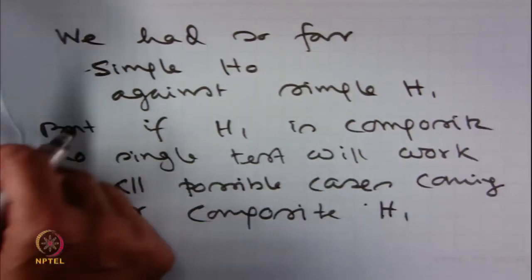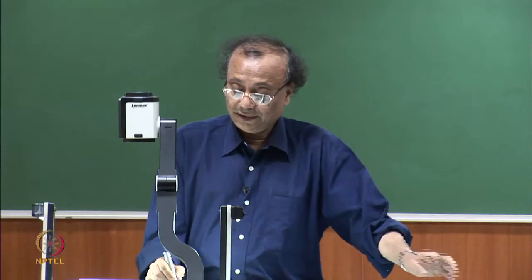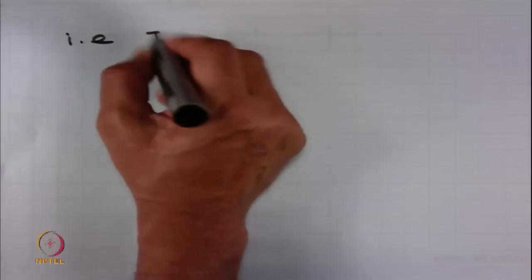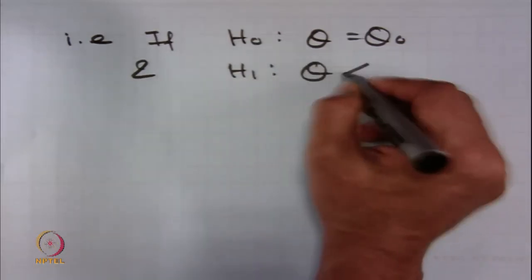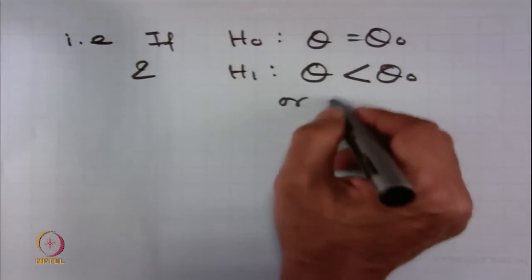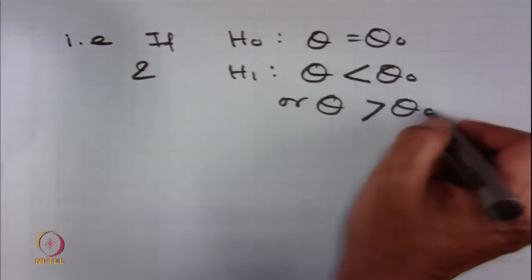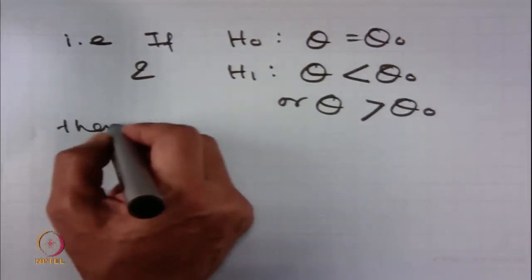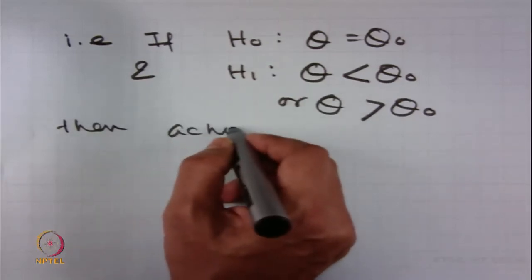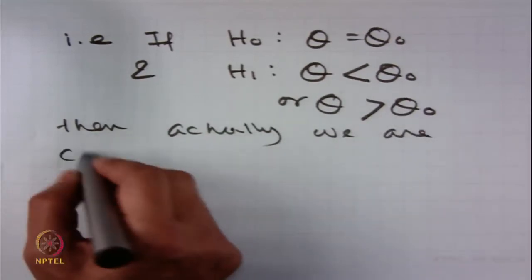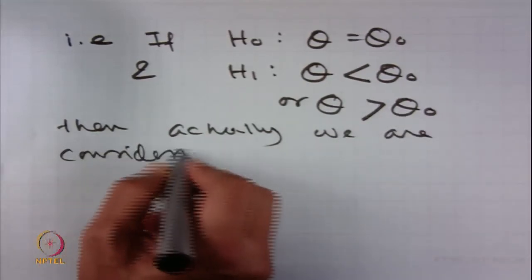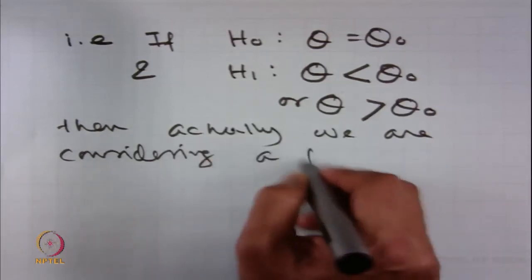That is, if H naught is theta equal to theta naught and H1 is theta less than theta naught or theta greater than theta naught, then actually we are considering a family of distributions.